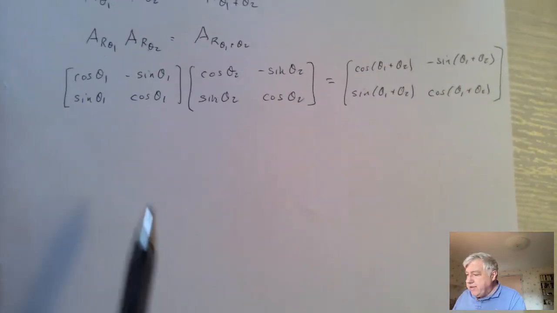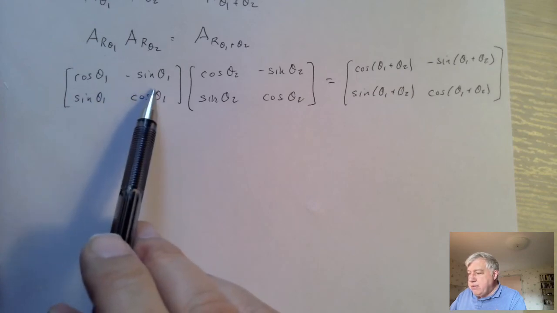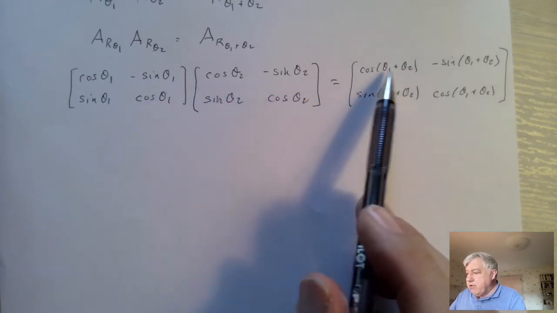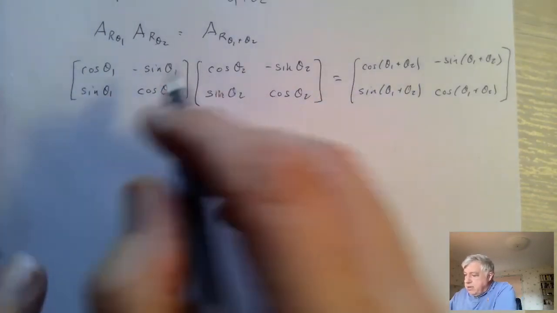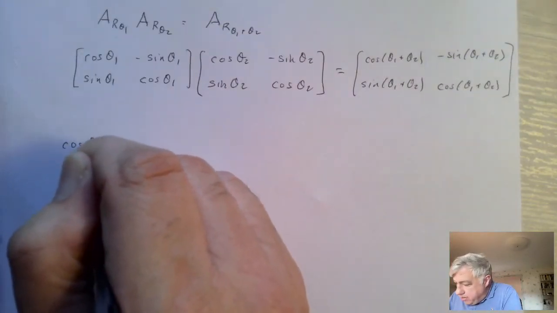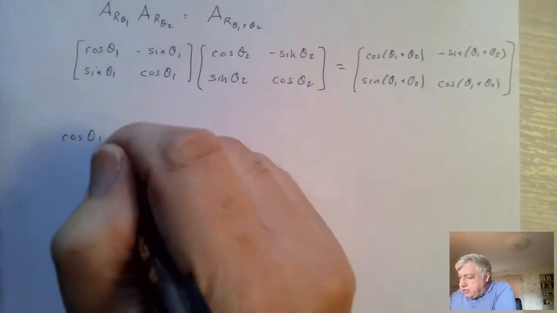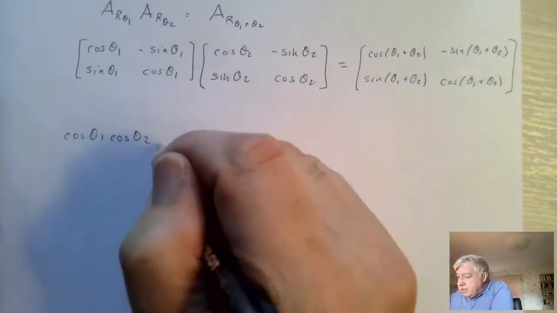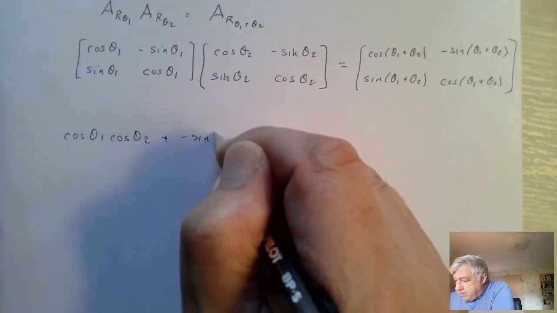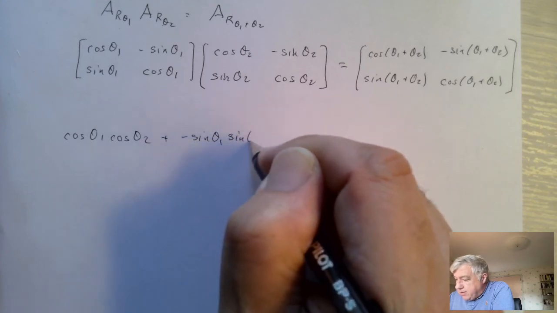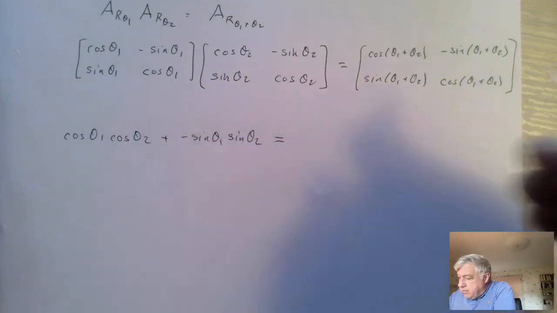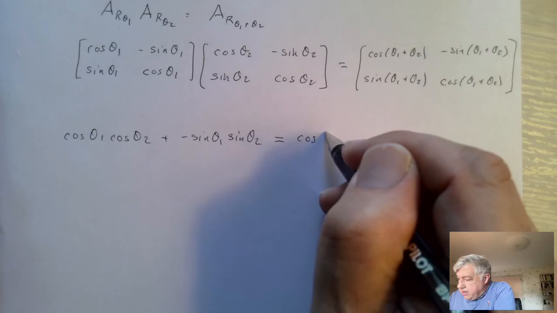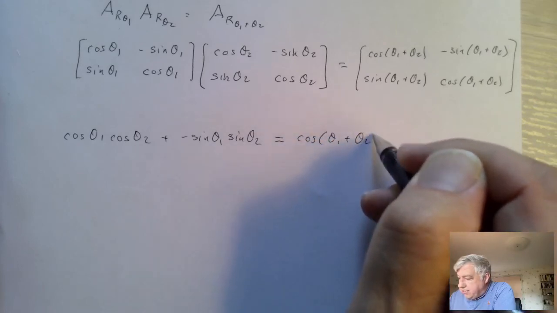If we take the 1,1 entry, first row, first column here and the first row, first column here, what we get is cosine theta 1 times cosine theta 2 plus negative sine theta 1 sine theta 2 is equal to cosine of theta 1 plus theta 2.